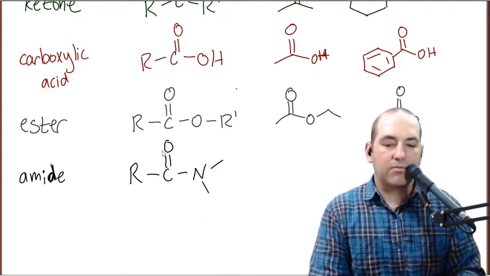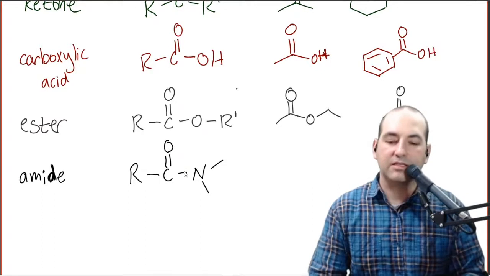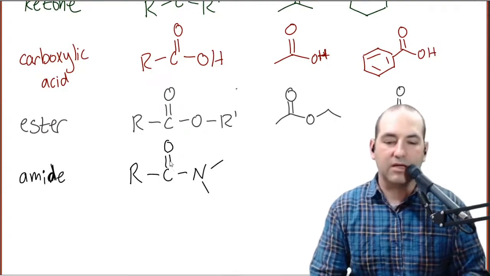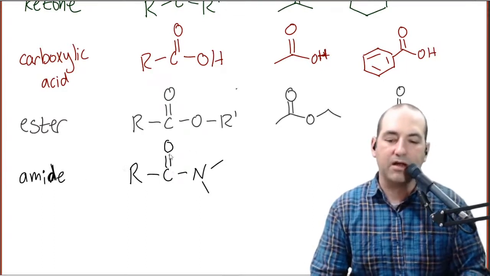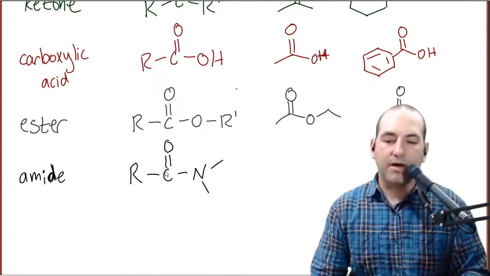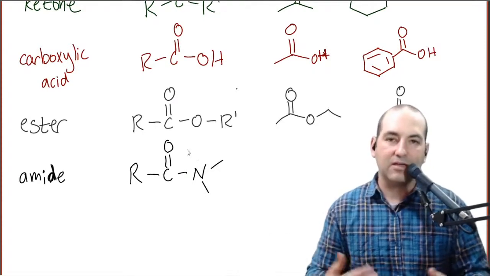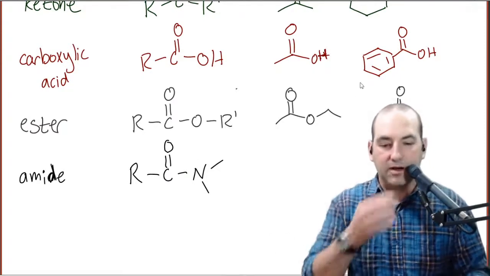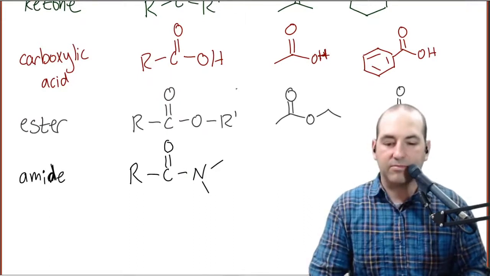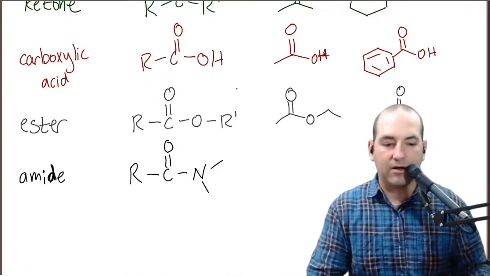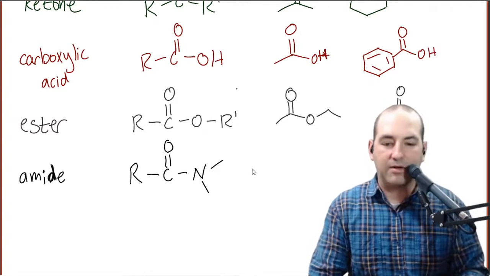So this is a really important bond because this is the bond that connects amino acids together in proteins. So it's sometimes also known as a peptide bond. You have the C double bond O from the acid part of the amino acid. You have the N from the amine part of the acid. They connect and you make a peptide bond, and that's what proteins are made of. So when we get into the proteins chapter, talk a little bit more about biochemistry, we'll see that happening.